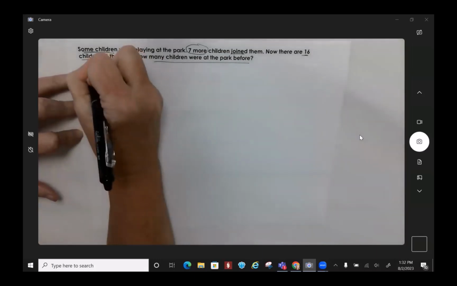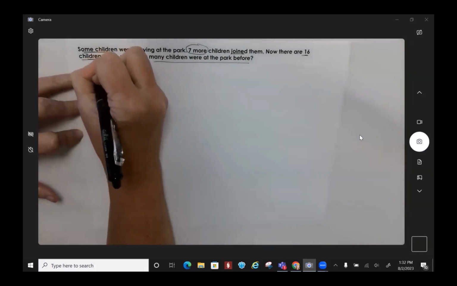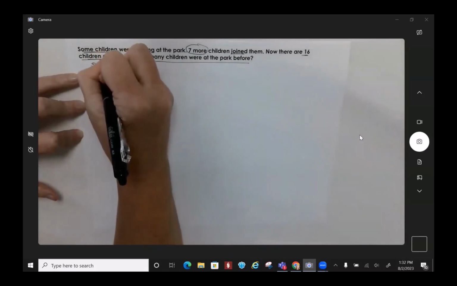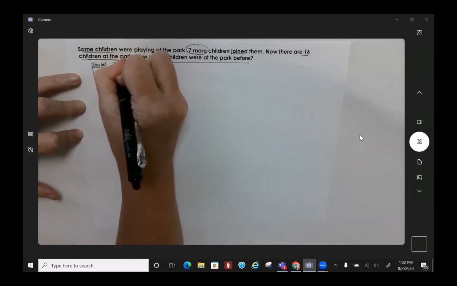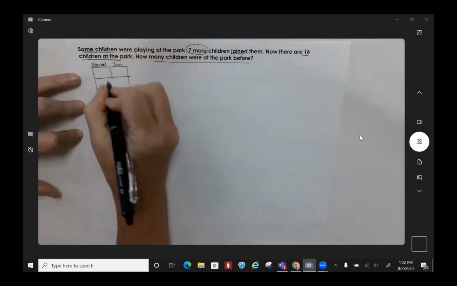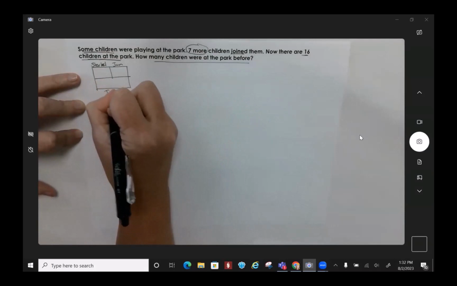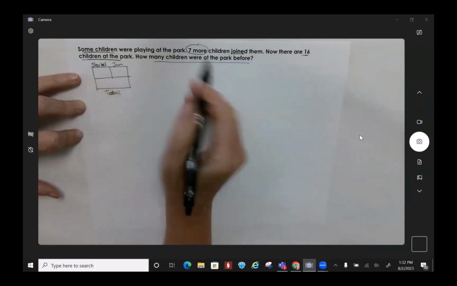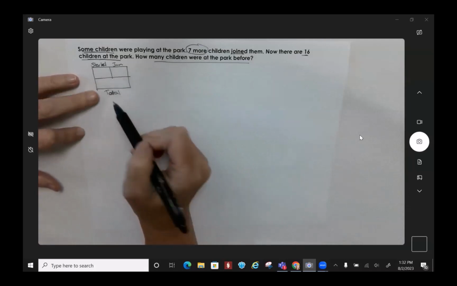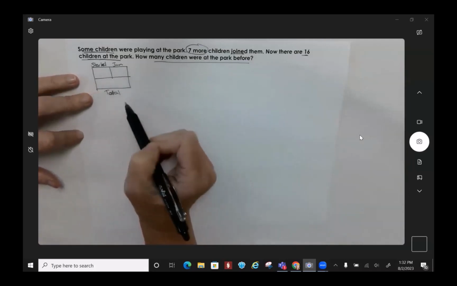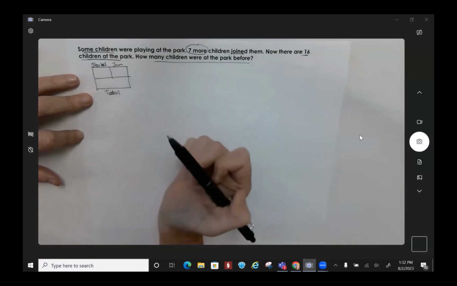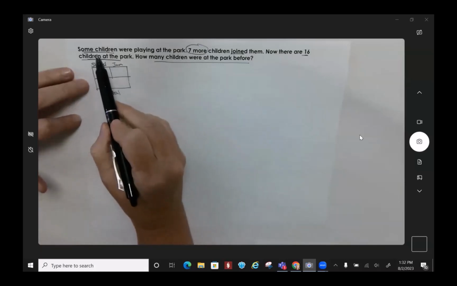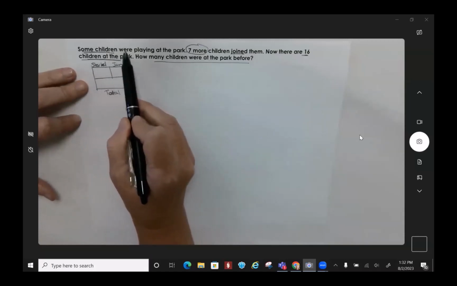So let me think about what I know. I know that we started with some kids. Then we had some kids join. And then I had a total number of kids. So I started with some kids, some joined, and then the total number of kids is how many I had all together. Going back to my math movie, some children were in the park.